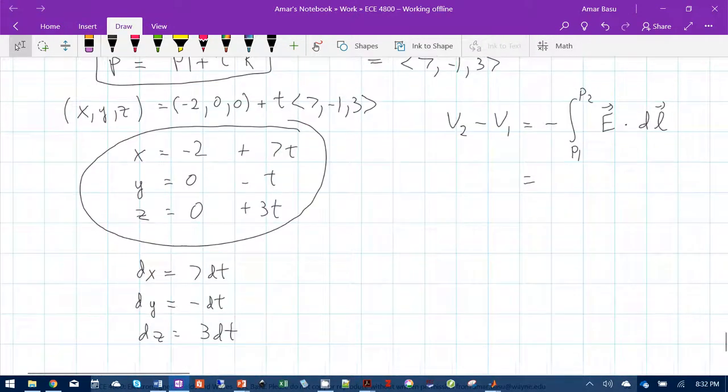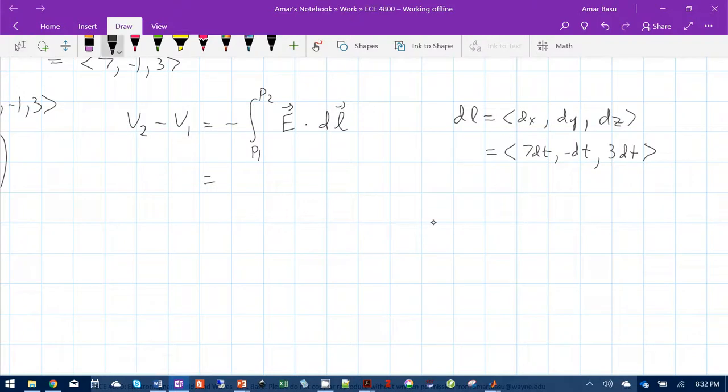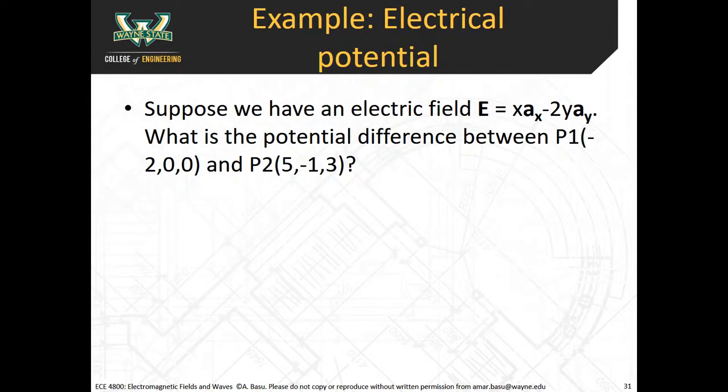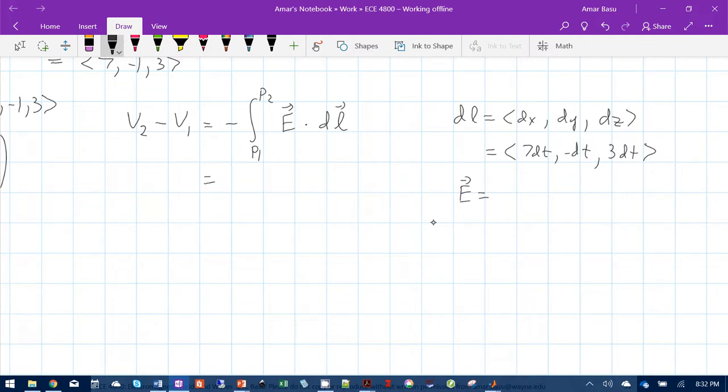So what is our electric field? The electric field that's given to us is x times x hat plus 2y times y hat.